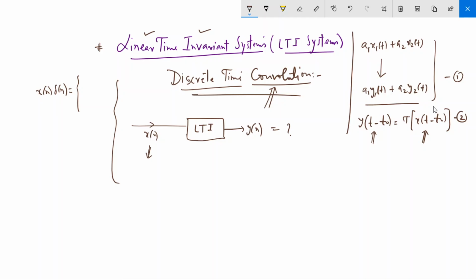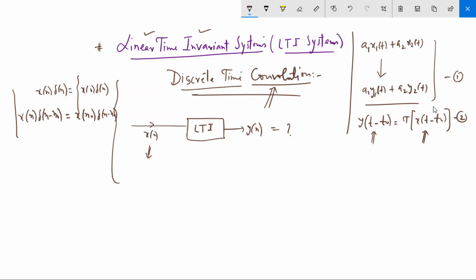It is nothing but x of 0 into delta n. Or if you use the shifting property, x of n into delta n minus n naught will be x of n naught into delta n minus n naught.